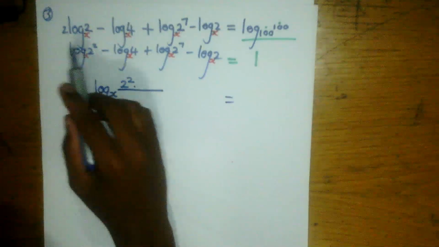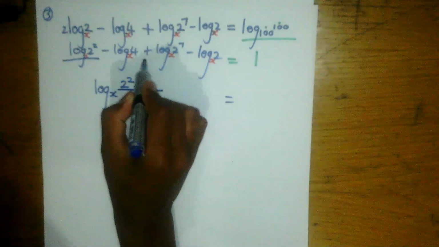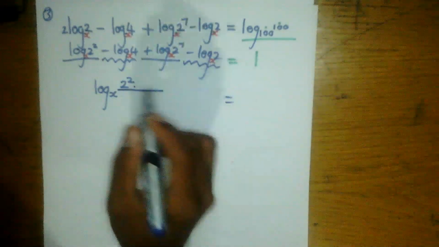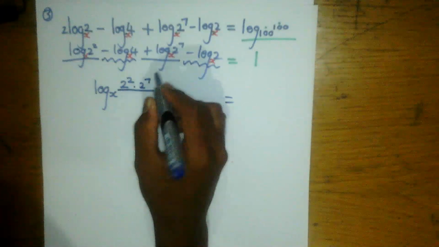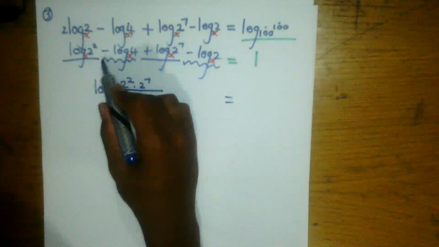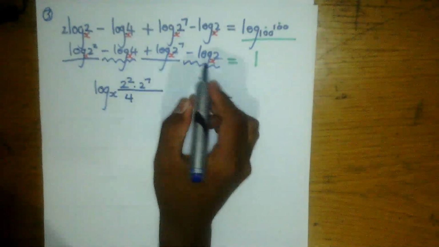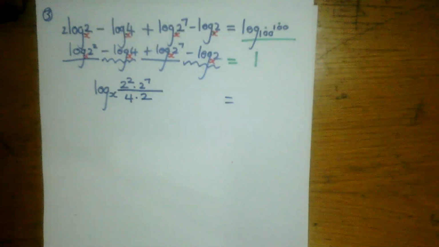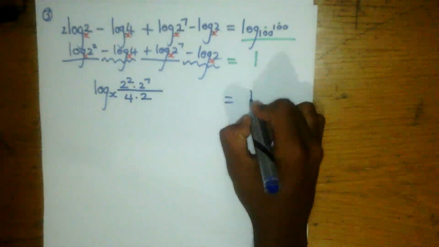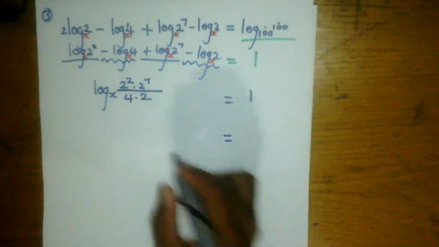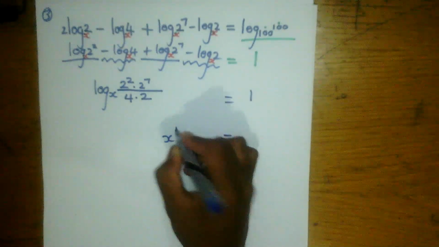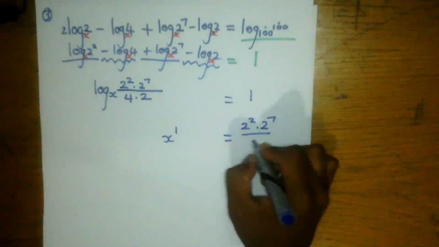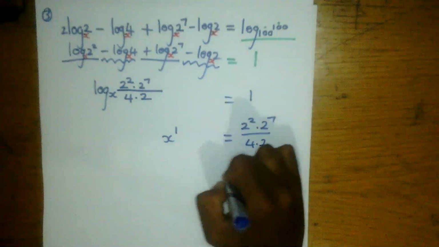This one is positive, that one is positive, this one is negative, that one is negative. So 2 to the power of 7 because it's a positive log, and then this minus log here gets the 4, and this one here gets the 2. This is equal to 1. So x to the power of 1 equals 2 to the power of 2 times 2 to the power of 7, over 4 times 2.